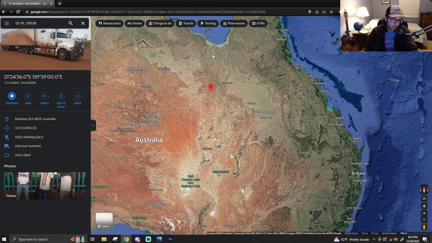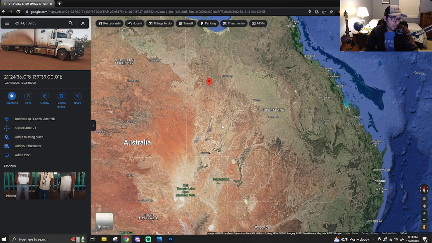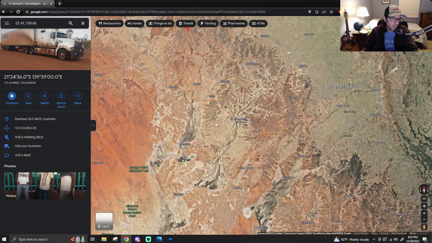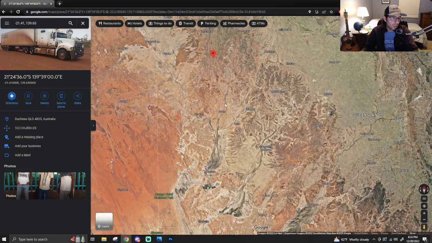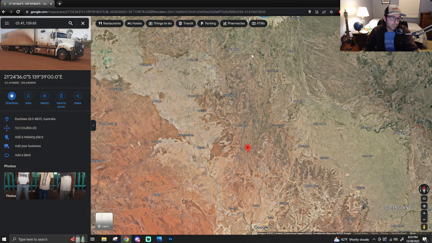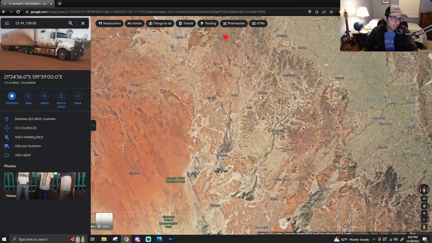So this path is basically from here, over here, and then over here.